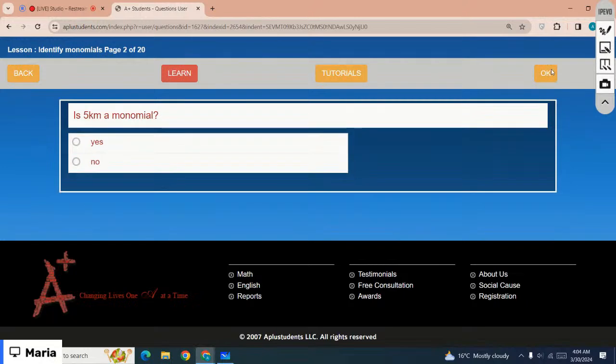Okay, the next one is 5km, a monomial? The correct option is yes, it is a monomial, right? The correct option is yes.